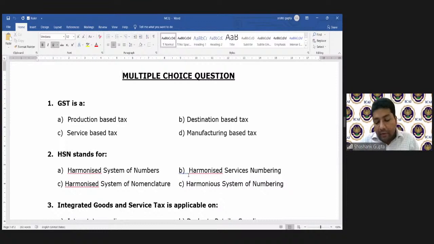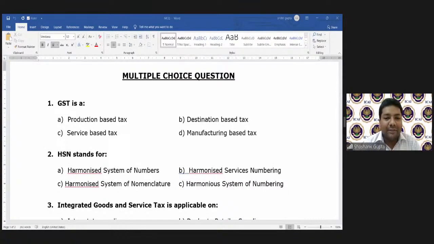Once you become a chartered accountant, then of course you will become a crorepati. So GST is option A, production-based tax, B, destination-based tax, C, service-based tax, or D, manufacturing-based tax. Come on, please answer. And I need at least 10 different answers.